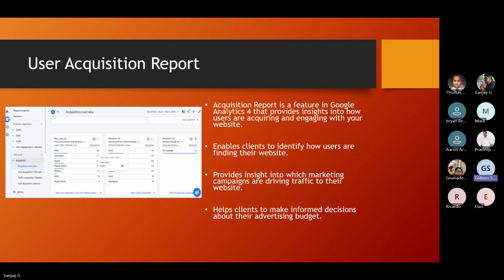It enables clients to identify how users are finding a website. So if you have a website and you're not using G4, you really need to make sure that you set it up. If you need help doing that, we are more than happy to help you. We charge for that, but definitely that's something that everybody should do: add the G4 tracking to your website.